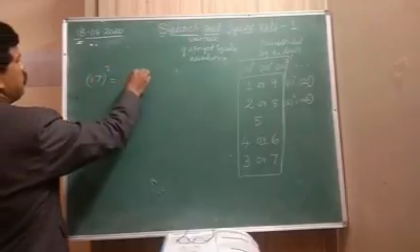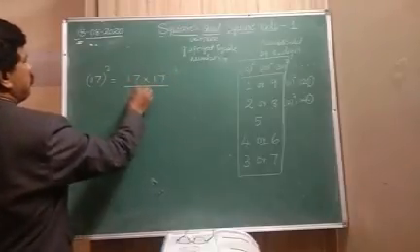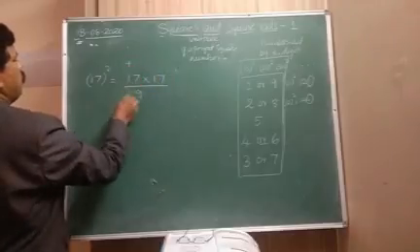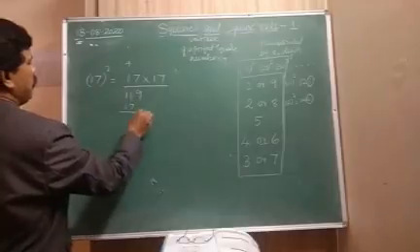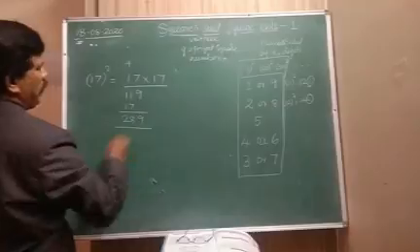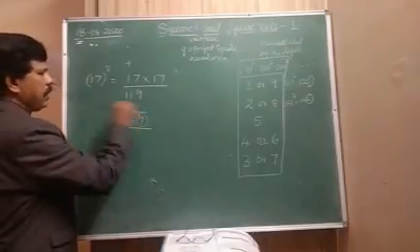So we get 17 into 17. Multiplying, 7 sevens are 49, 4, 7 ones are 7 plus 4, 11. Then 17 ones are 17, 9, 8, 2, 289. Look at the number, it ended by 9.